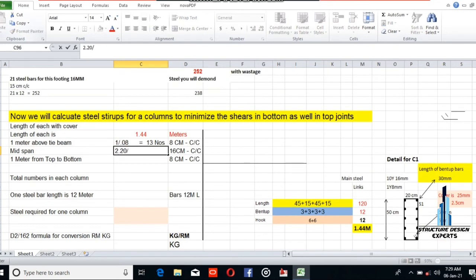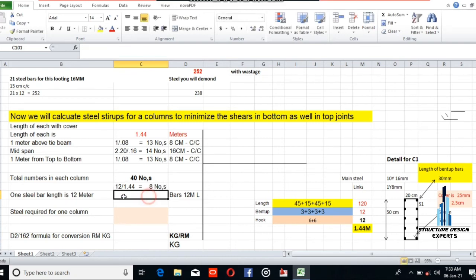So 2.20 divided by 0.16 is equal to 14 numbers. Anywhere, if you want to find the numbers, divide the length by the center to center distance, and it will give you the total number. The other top is the same as the 1 meter, so it is 13. The total number is 40 numbers.